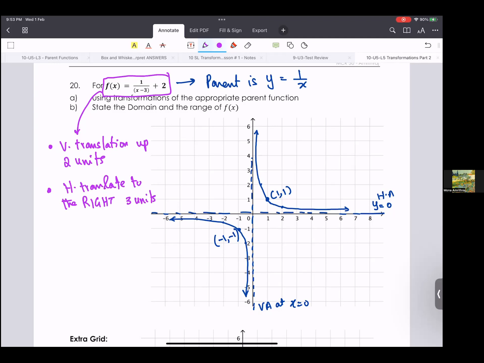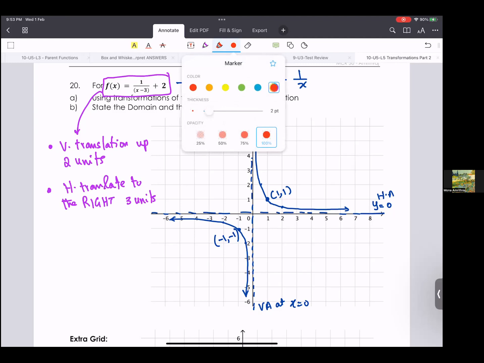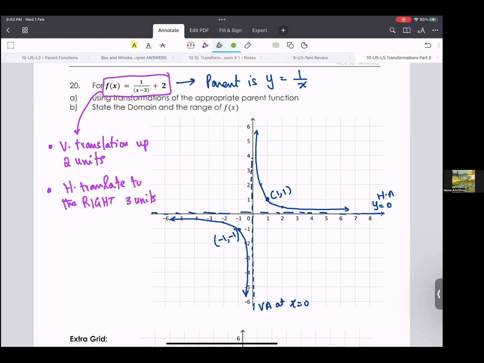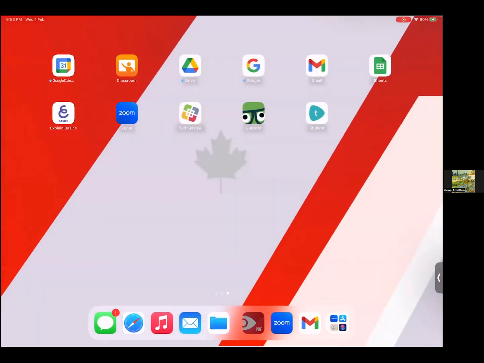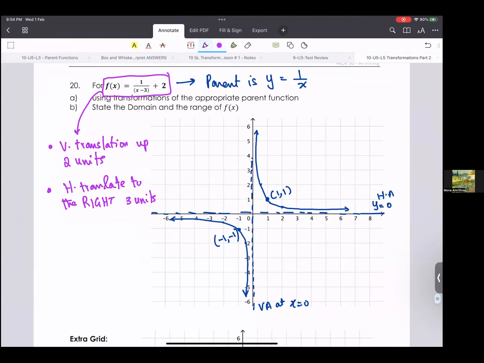Okay, so let's do it stage by stage. If you're really comfortable doing it all in one go, go ahead, but I prefer doing it stage by stage. When you go up 2 units, your horizontal asymptote is also going to move.